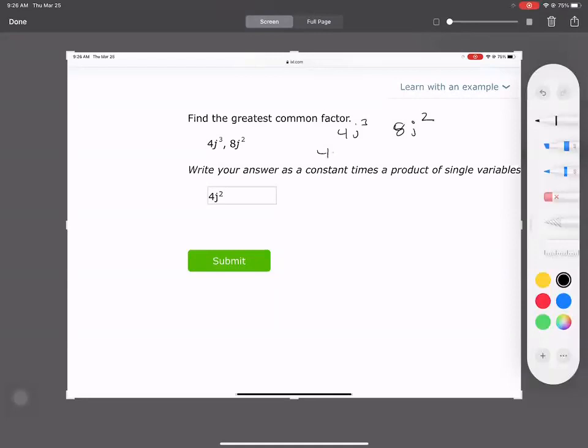This is a 4 times j, j, j, and a 4 times 2, j, j. We have at least a 4 in common. All right, 4 in common. And over here, oops, I wrote too many j's, I'm sorry. We have at least 2 j's. They look like blue jays in common, right? Those are the values that are in common. And that's all you're going to type.